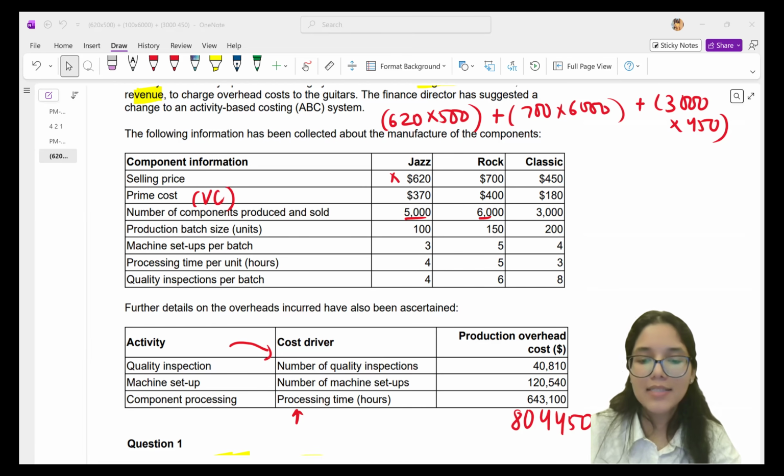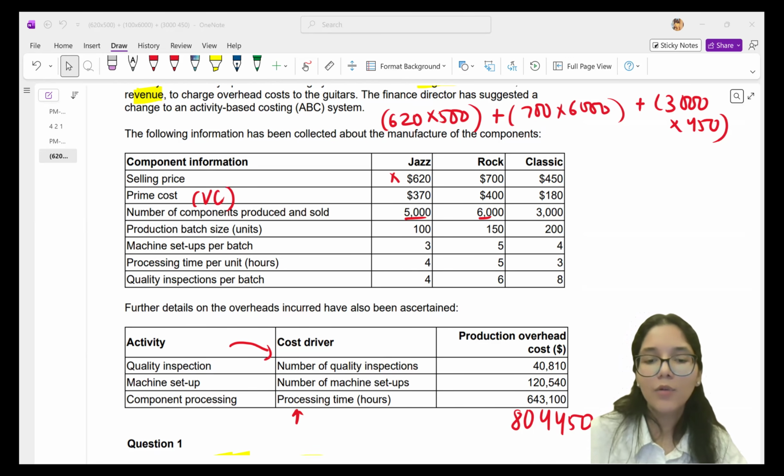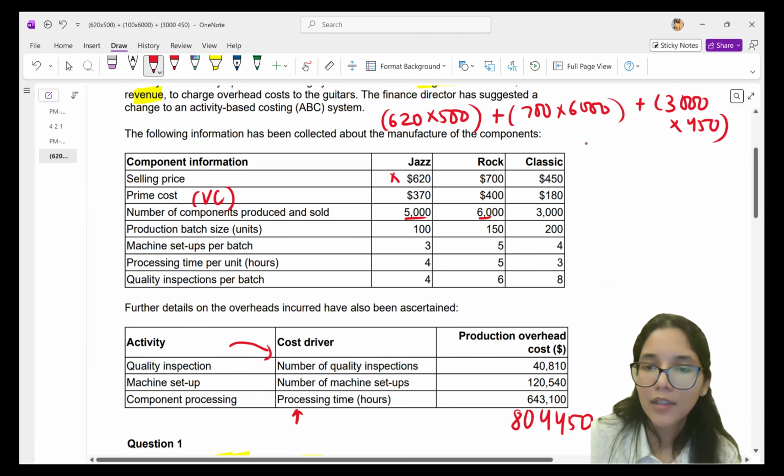Then I have to take 700 into 6,000. And then I will take 3,000 into 450. So this gives me a total revenue of 8,650,000.